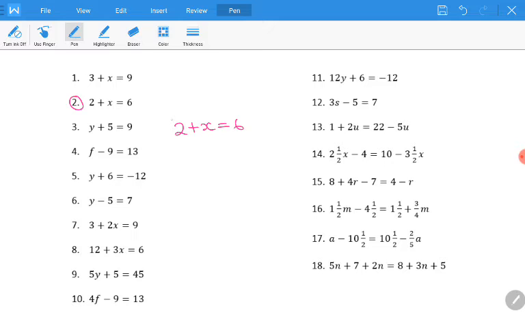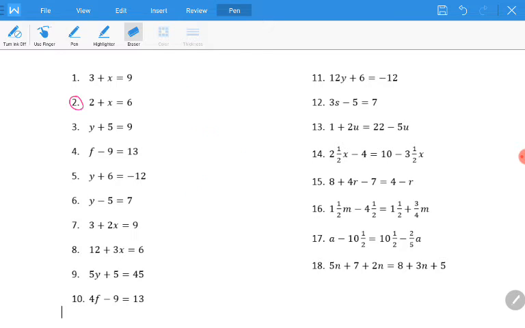This positive 2 is going to jump the equal sign and it's going to change sign. So x is equal to 6 minus 2. So x is equal to 4. And it's true that if we add 2 plus 4, we get 6. So automatically, I know that my answer is correct.